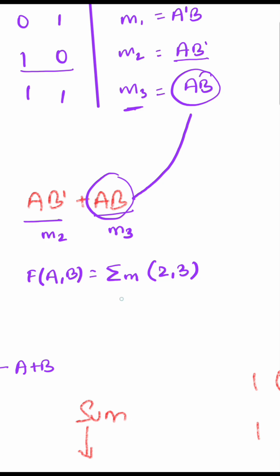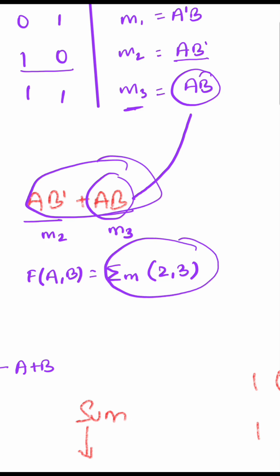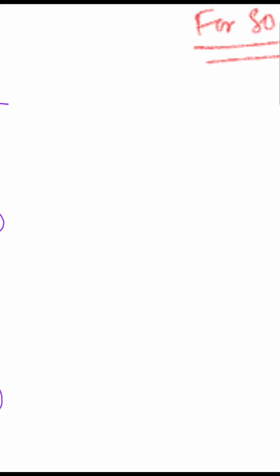Okay, this expression and this minterm representation mean the same. You can be asked in the examination to reduce this expression or reduce the minterms. Both mean the same thing. We will further learn about minterms and maxterms in future lectures. Now let's continue to learn what a maxterm is.